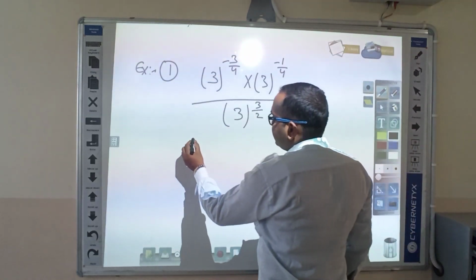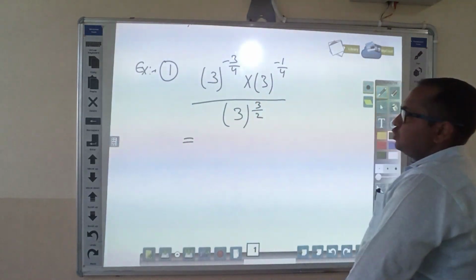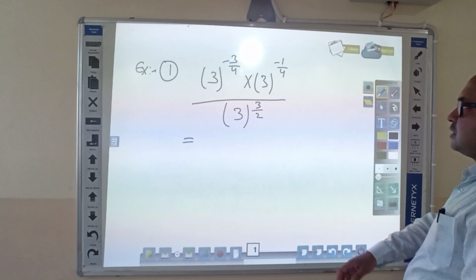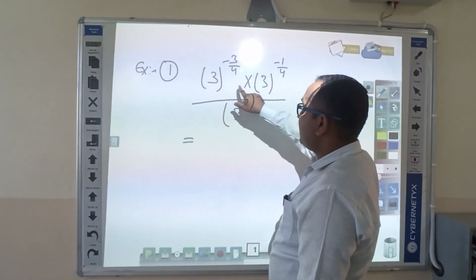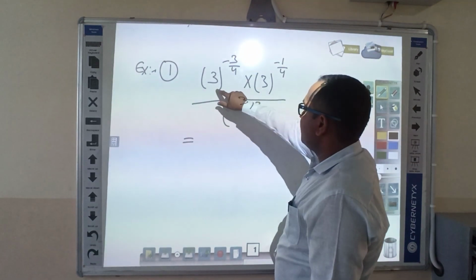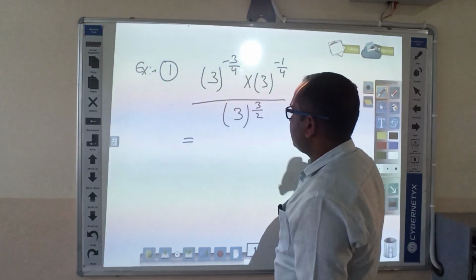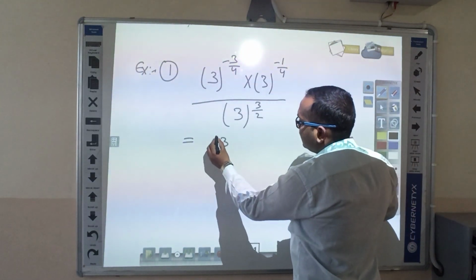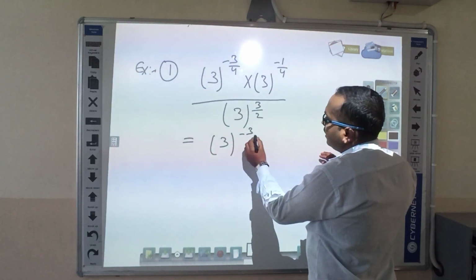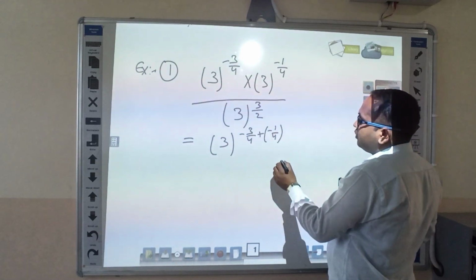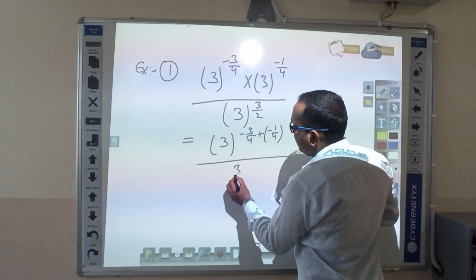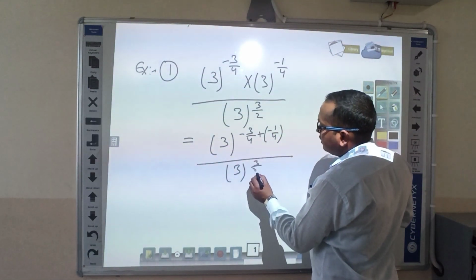In this question we use two laws simultaneously. The first law is when these two numbers are in multiplication form, the bases are equal and the exponents are different. So we take 3 as common, and when they are in multiplication we know that the exponents are added, so we add the exponents.